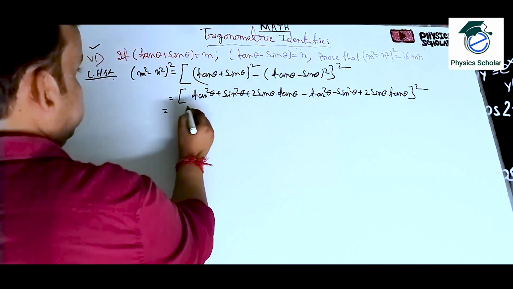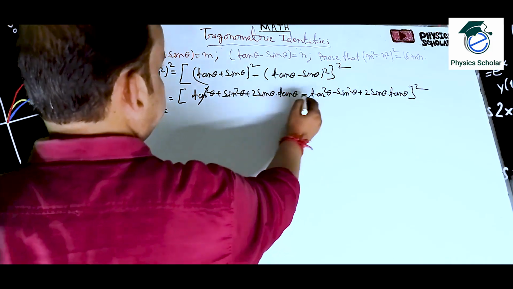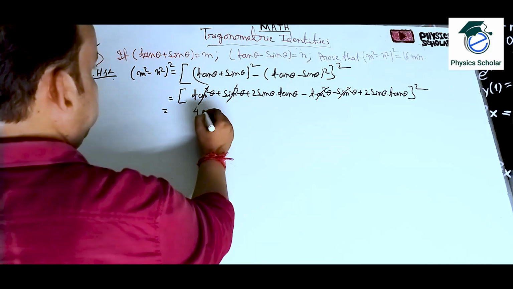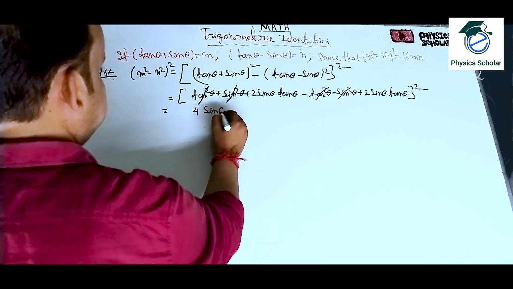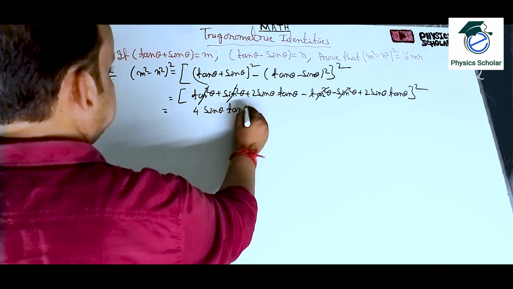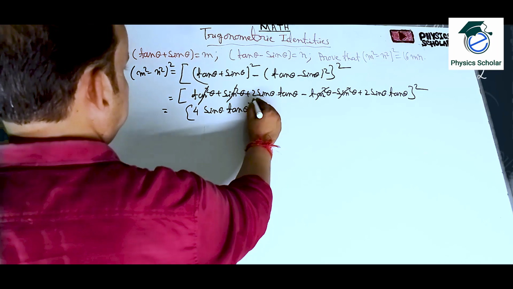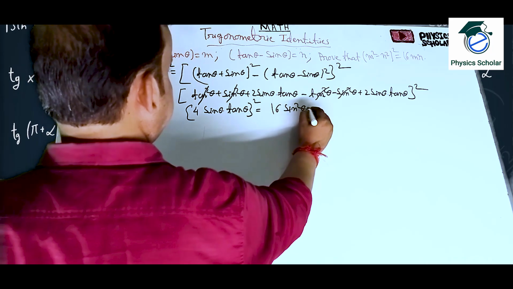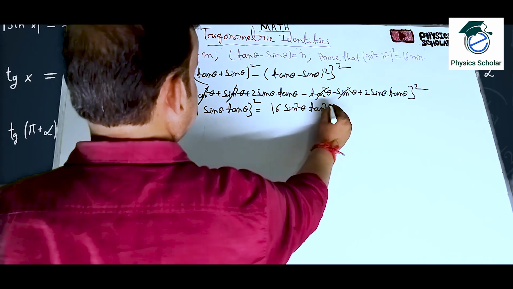So now what? Tan square theta minus tan square theta, this and this will be cancelled. So it will be 4 sin theta into tan theta, that whole square is equal to 16 sin square theta into tan square theta.